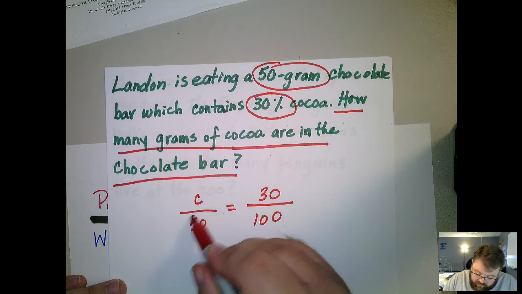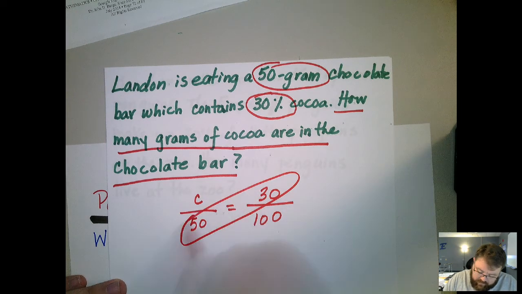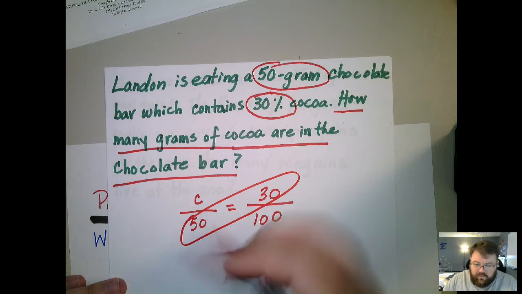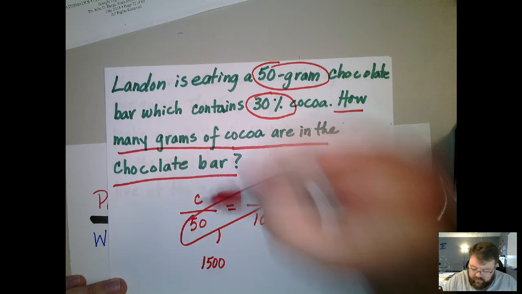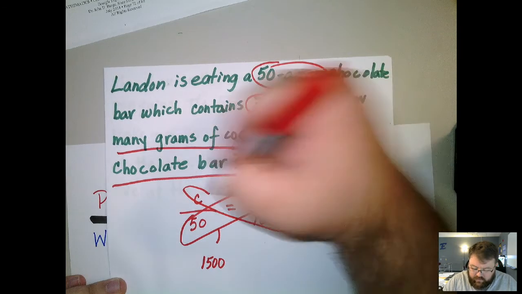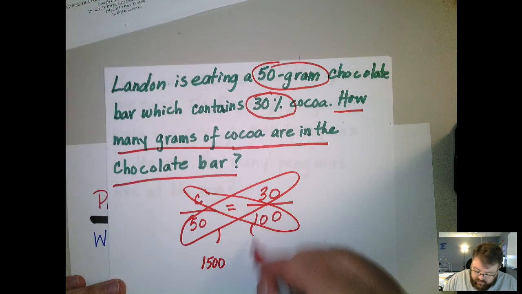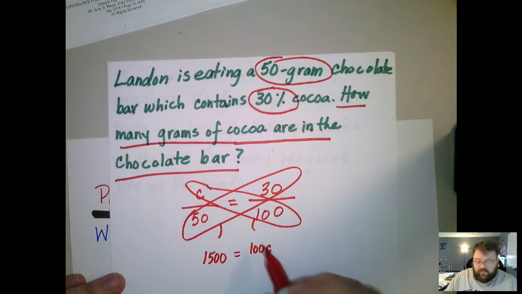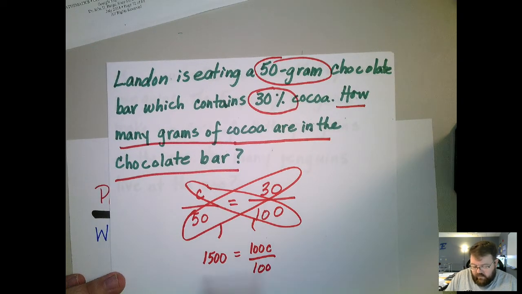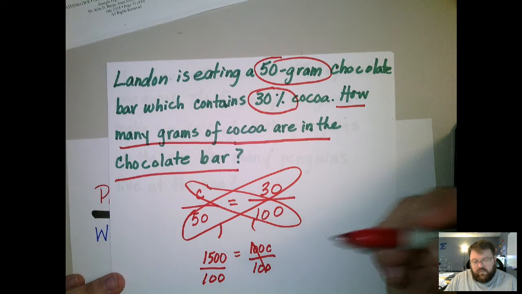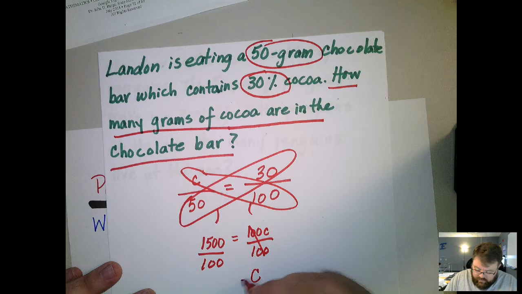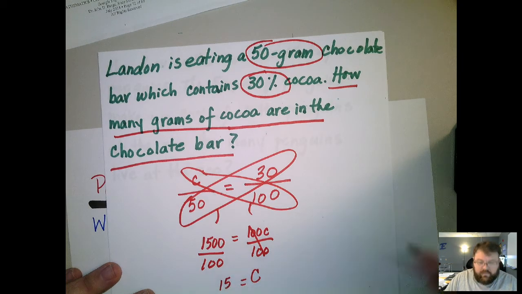From here, we did cross products. 50 times 30, which is going to be 1500. C times 100, which is 100C. Divide both by 100. The 100s go away. C is equal to 15.